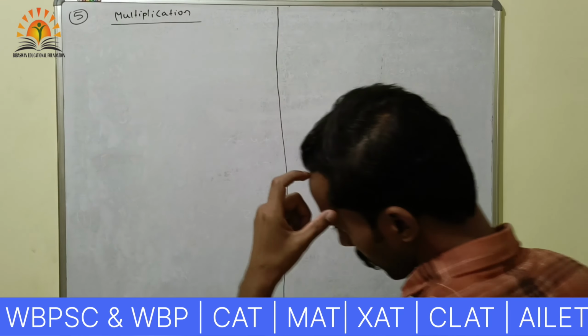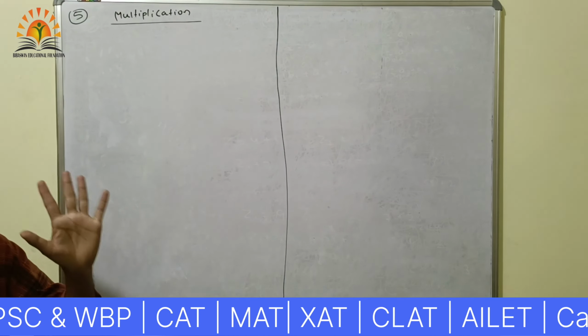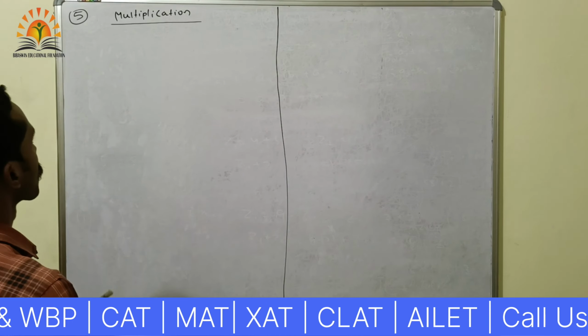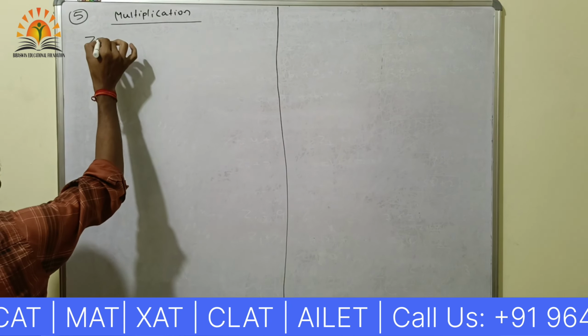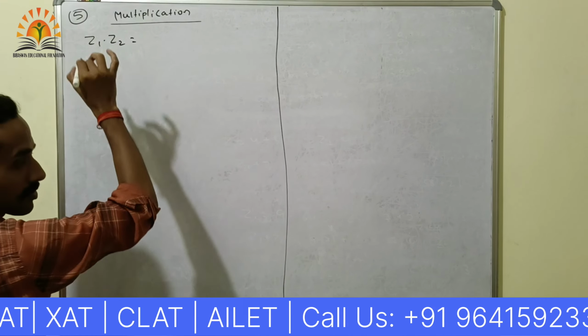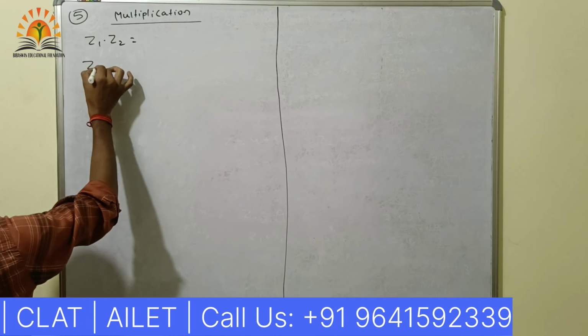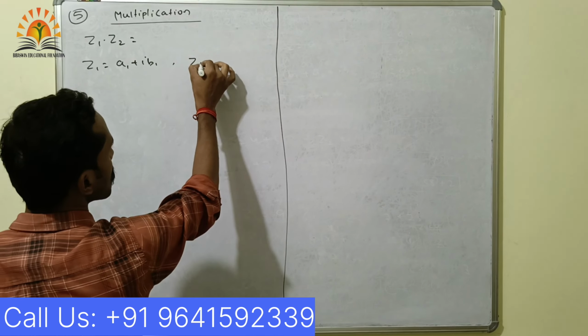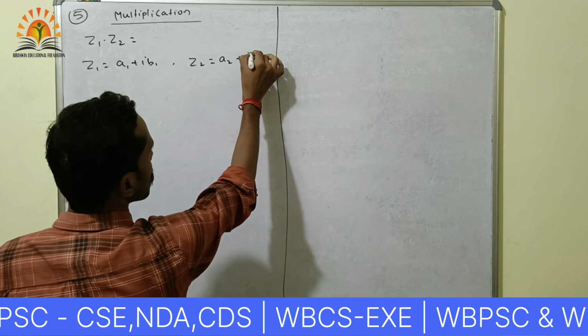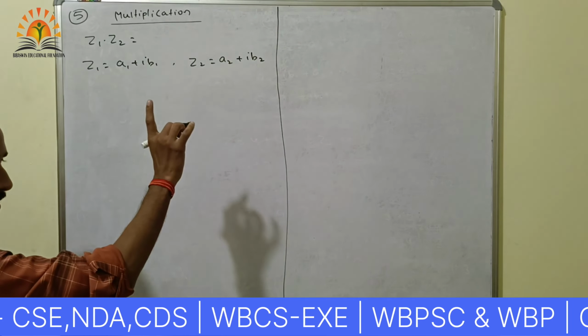Now you have to be very careful in multiplication of complex numbers. First I will give you the formula and how it comes. Z1 times Z2, where Z1 is equal to a1 plus iota b1 and Z2 is equal to a2 plus iota b2. Understood?